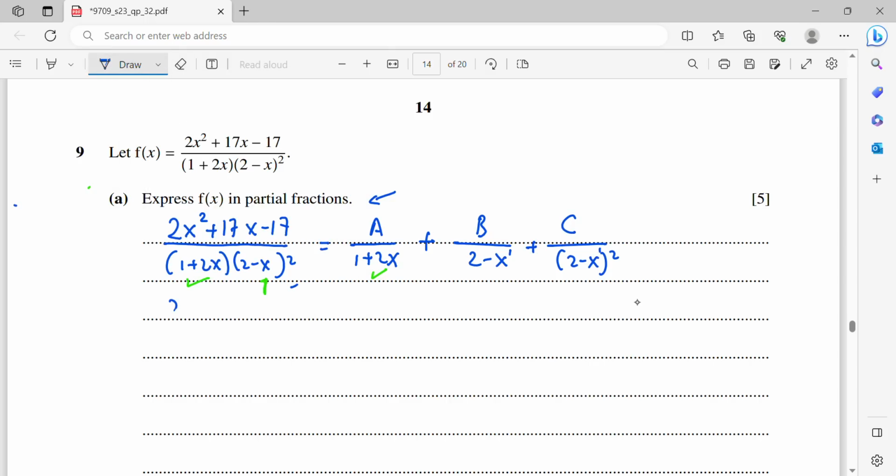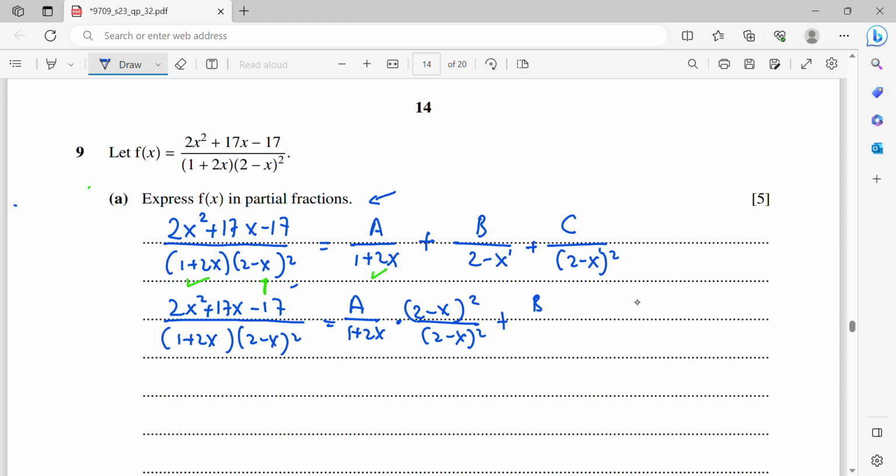So now I will write 2x squared plus 17x minus 17 over 1 plus 2x multiplied with 2 minus x squared. It will be A over 1 plus 2x. Then you multiply with 2 minus x squared divided by 2 minus x squared. So same goes to second term, B over 2 minus x. So now when you compare, I have degree 1 here.